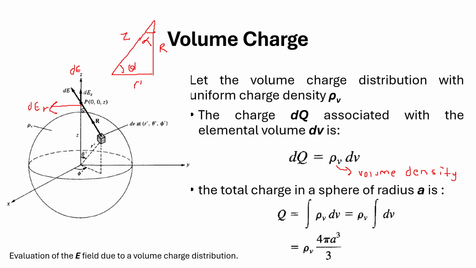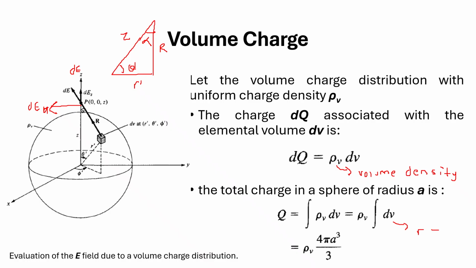Then the total charge in a sphere of radius a, so the radius here is given by a, is the integral of the volume charge density times the elemental volume. So we have to integrate this elemental volume. The volume of a sphere formula is 4 pi over 3 a cubed, because a here is the radius.